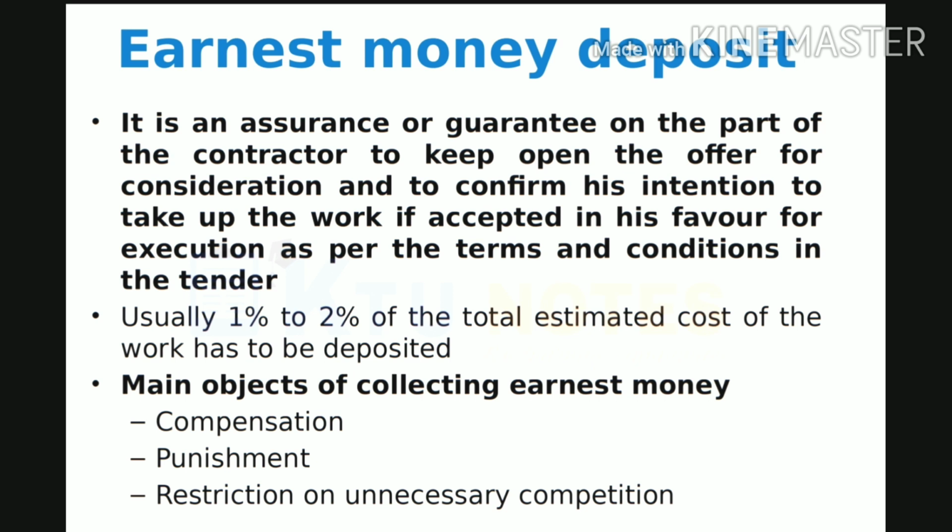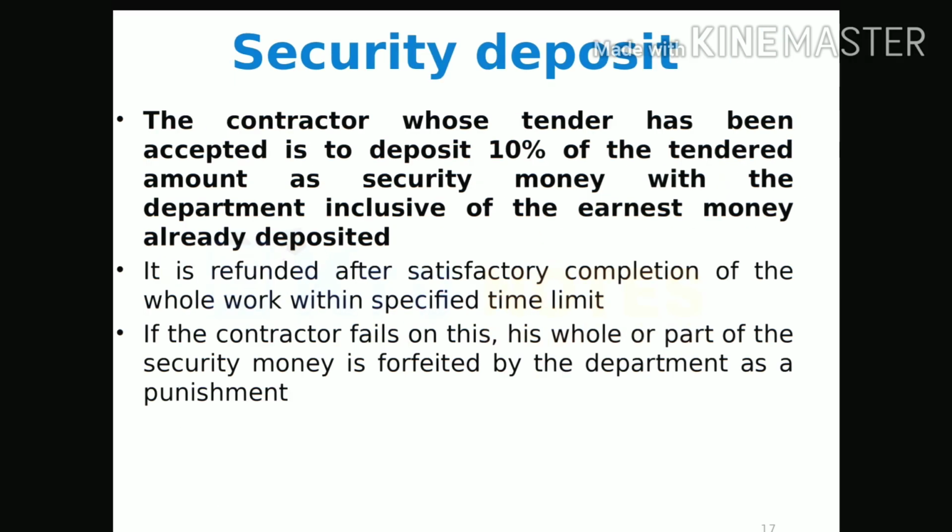This amount is collected to avoid the contractor from refusing to accept the contract once he is awarded the work. Also, the EMD of unsuccessful contractors will be refunded to them. EMD is also collected to avoid unnecessary competition by avoiding the contractors who may not have enough financial status.